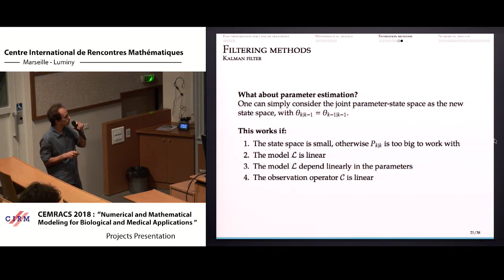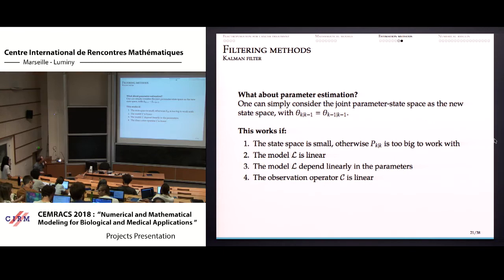This works for linear operators, with a linear evolution operator and linear observation operators. In our case, we have a space which is too big and operators which are not linear, but this one is linear, so at least we have something.